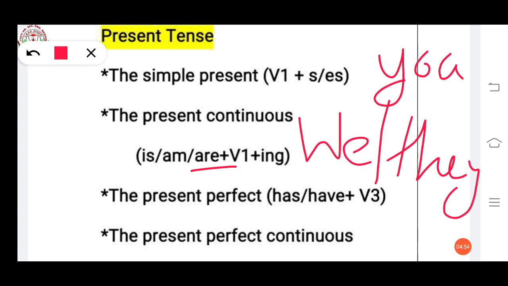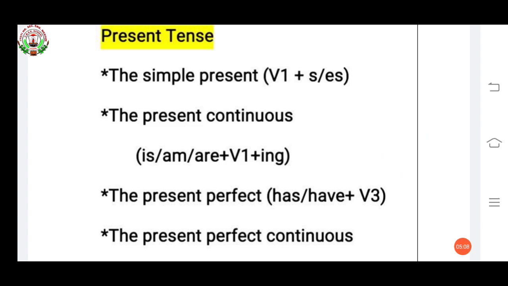Okay? Now, after using is, am, are, whatever it is, then you have to use verb first form plus ing. Ing you have to use in continuous tense, because it is present continuous.